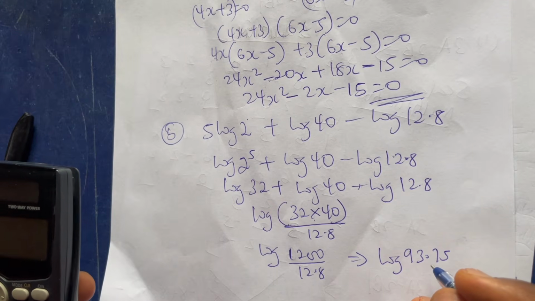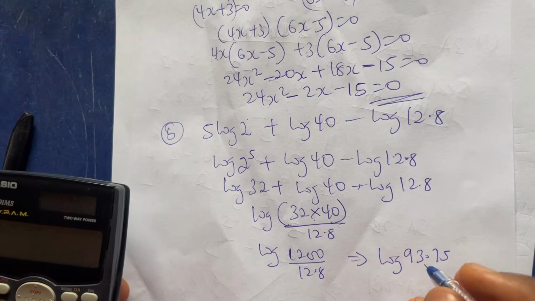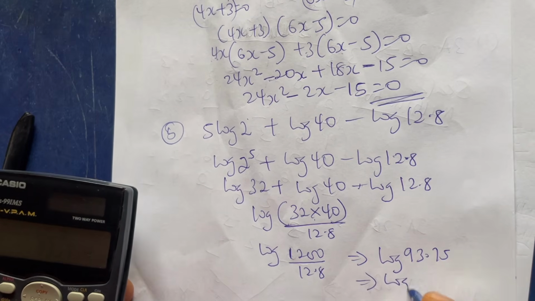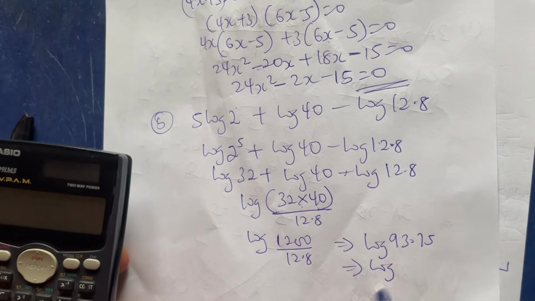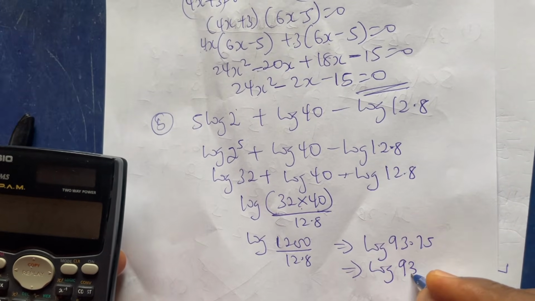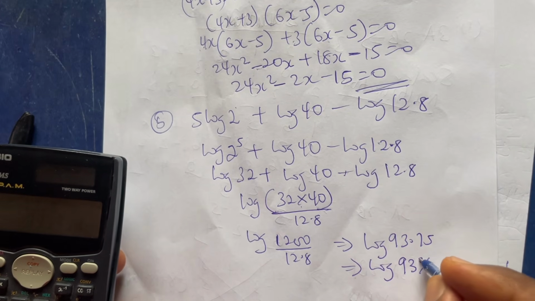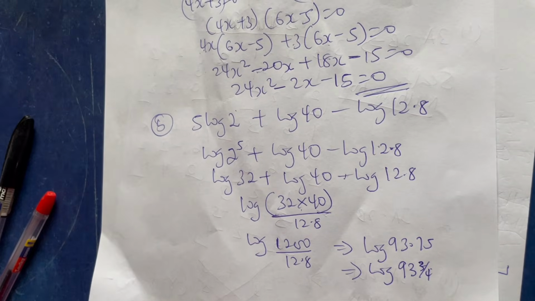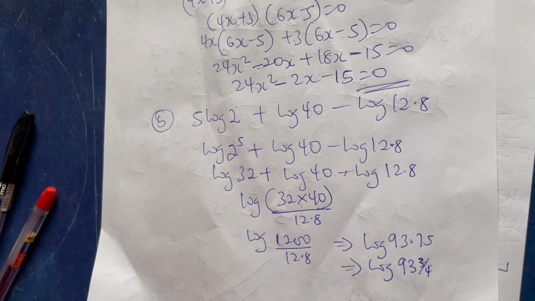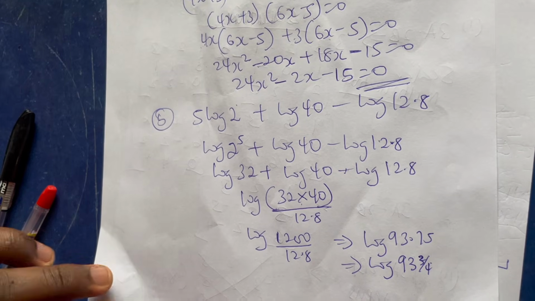Putting it into fraction, that will be log 93 whole number 3 over 4. Okay, actually you can leave it like this because you're only asked to evaluate this without using table. You can leave it like this and you can also proceed.